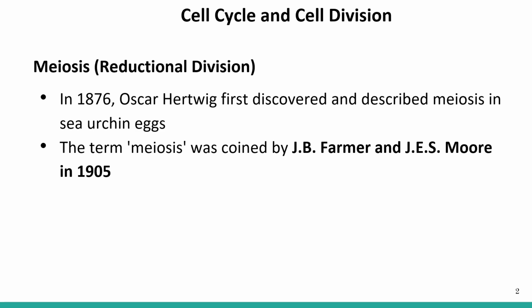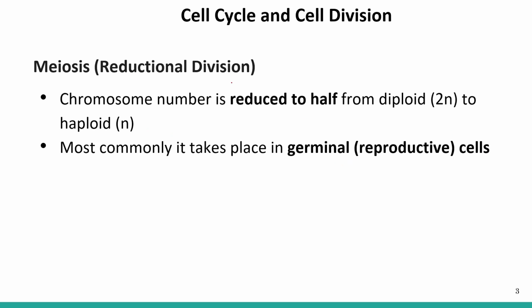So let's start with a brief introduction of the term meiosis. Meiosis is also known as reductional division. It was first discovered in sea urchin eggs by Oscar Hertwig in 1876, and later the term meiosis was coined by Farmer and Moore in 1905.